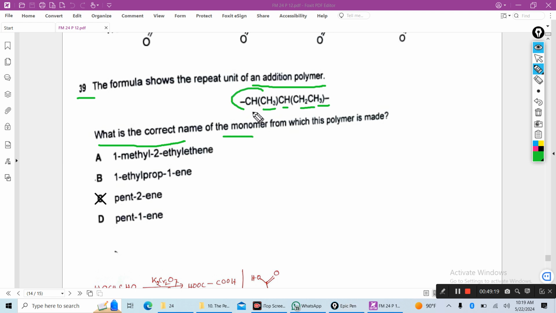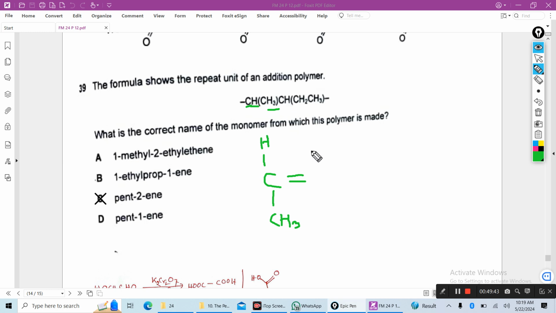So the polymer is given, you have to draw the monomer, then you can write which monomer. You see this carbon, hydrogen and CH3. So if you write here hydrogen, here CH3, then a double bond, alkene.